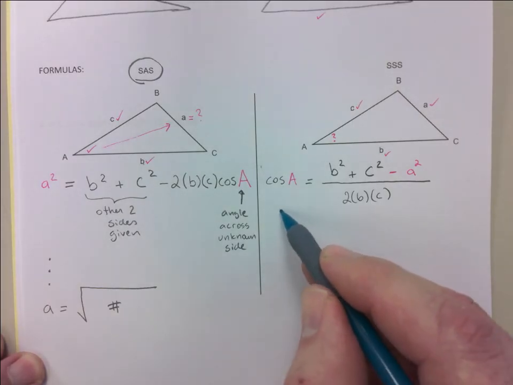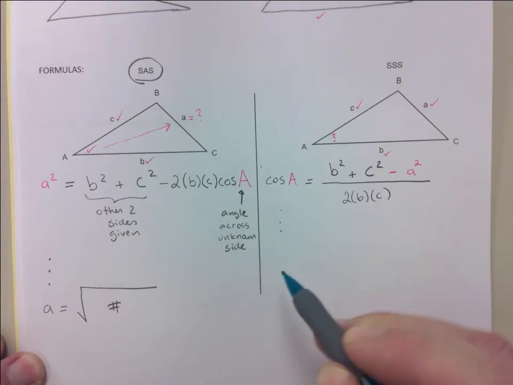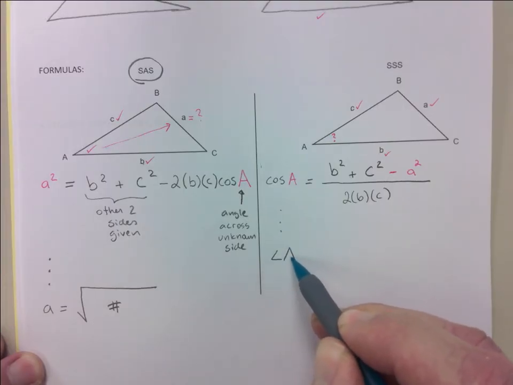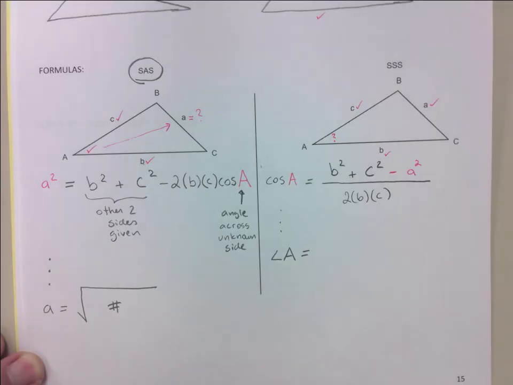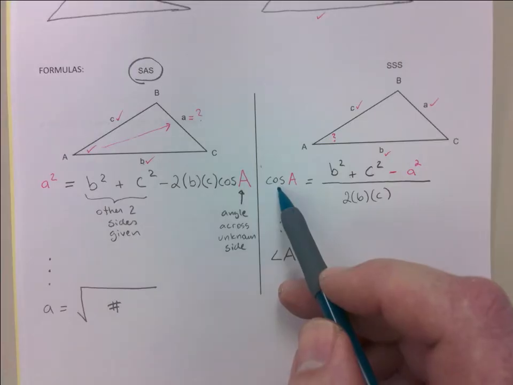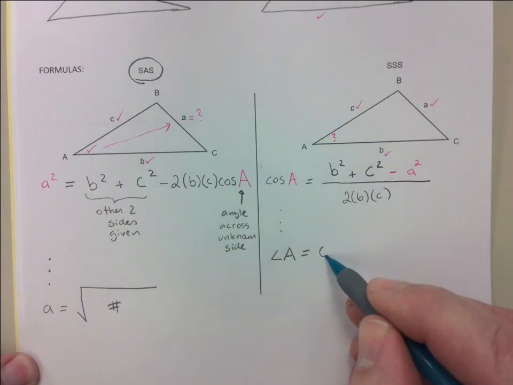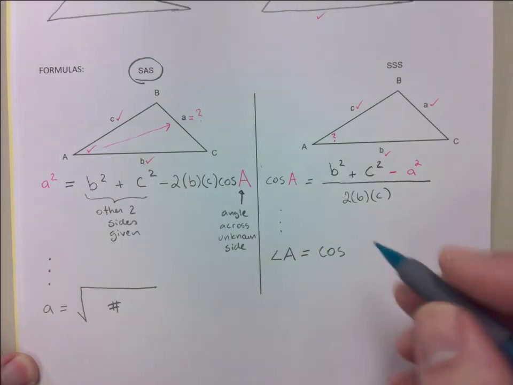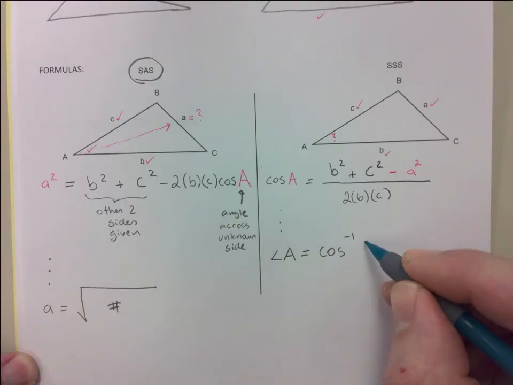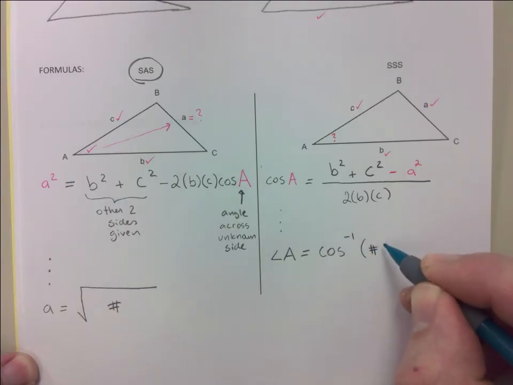At some point when you solve for angle A, what are you going to have to do to the other side? That's the opposite of cosine. Inverse cosine. You're going to have to take cosine inverse of some sort of number.